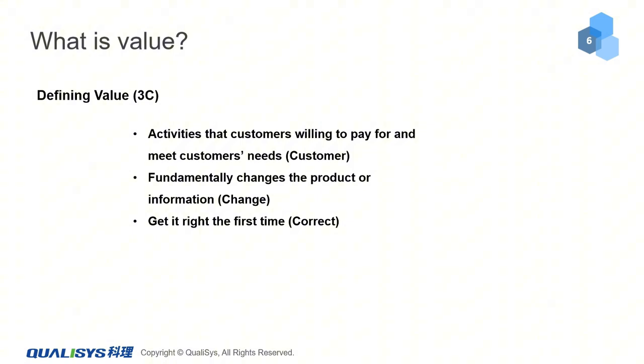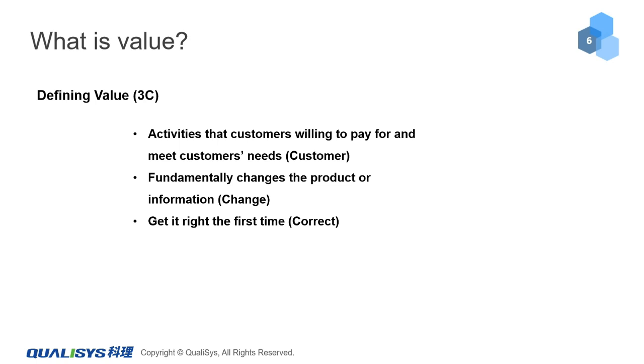For example, you machine a part. That is what the customer is paying you for. You pack a product. That's what the customer is paying you for. So this activity, we call value. But there are other activities. For example, you are conducting a meeting to talk about your sales strategy. This activity is not paid by the customer, so we call this non-value added activity.